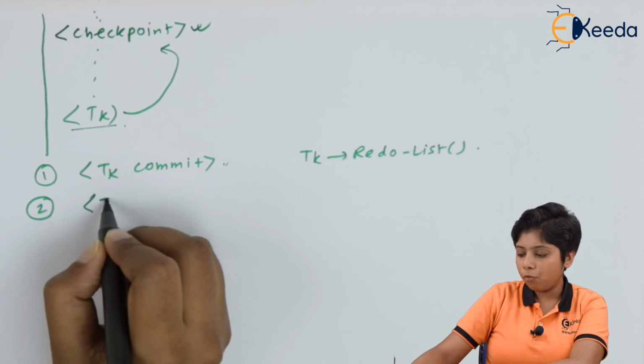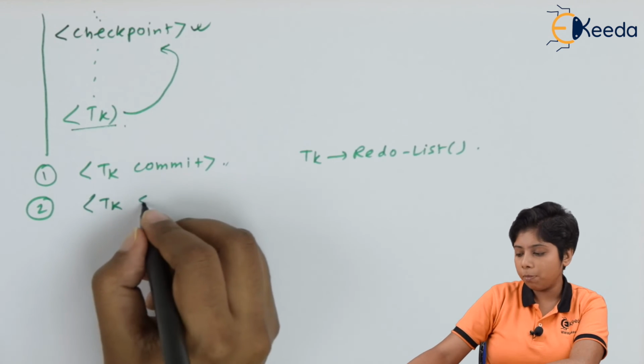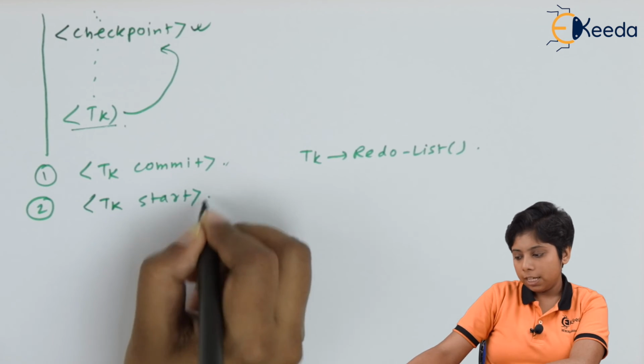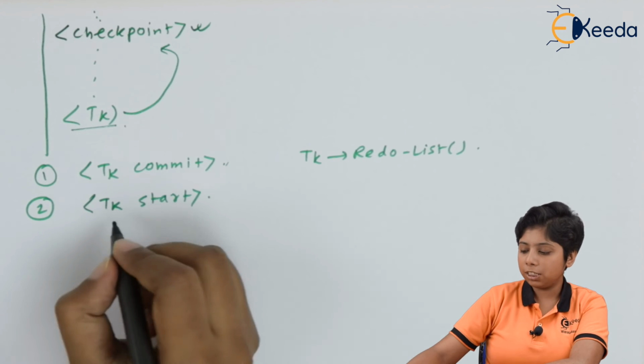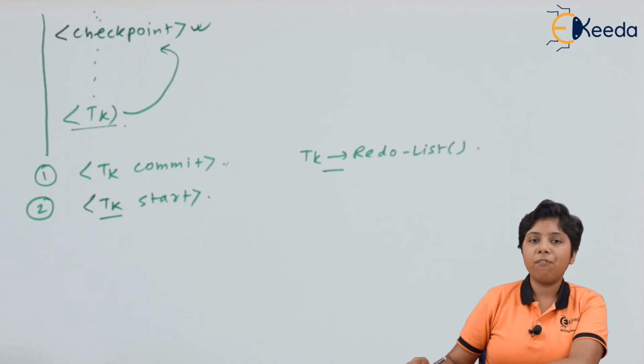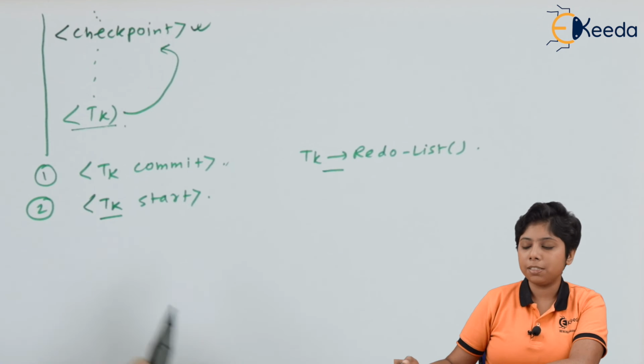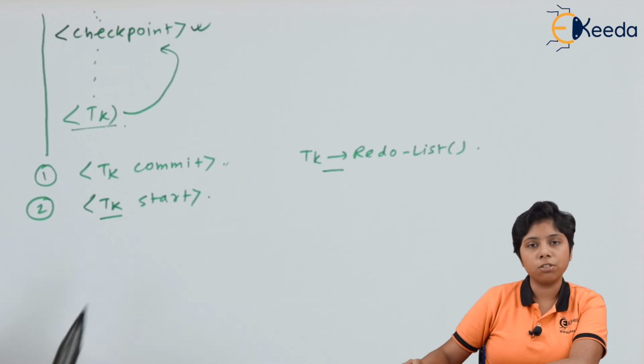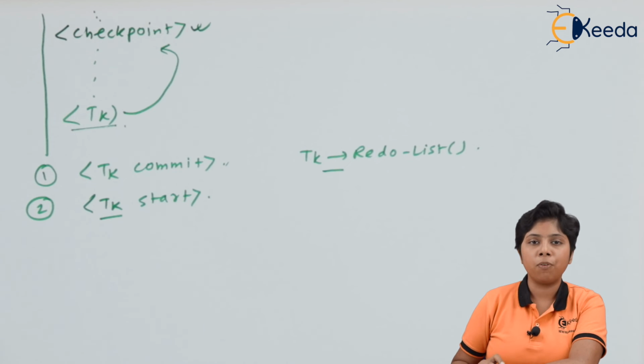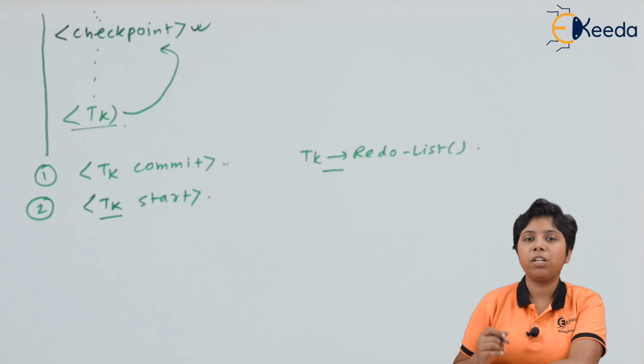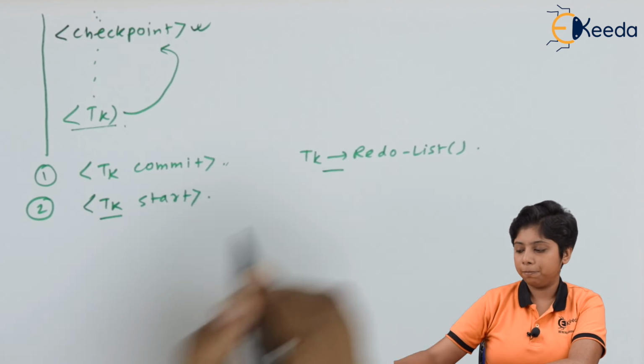Now what happens if we find a transaction in the format TK start? Then we check for the transaction TK in the redo list. If it belongs to the redo list, that means the transaction has committed and also started, so we do not need to perform anything. But if it doesn't belong to the redo list, then we need to add it to the undo list.